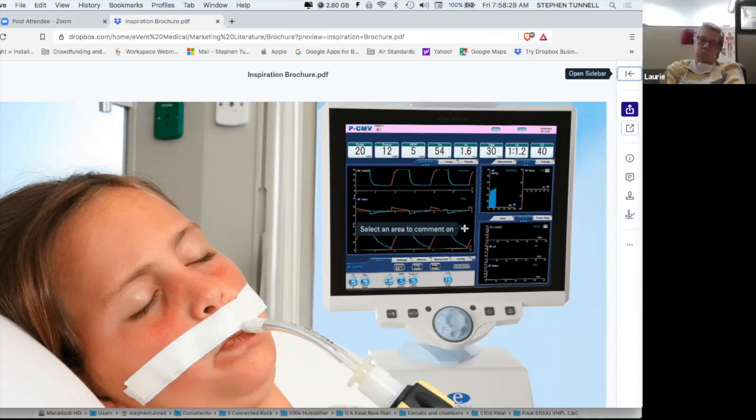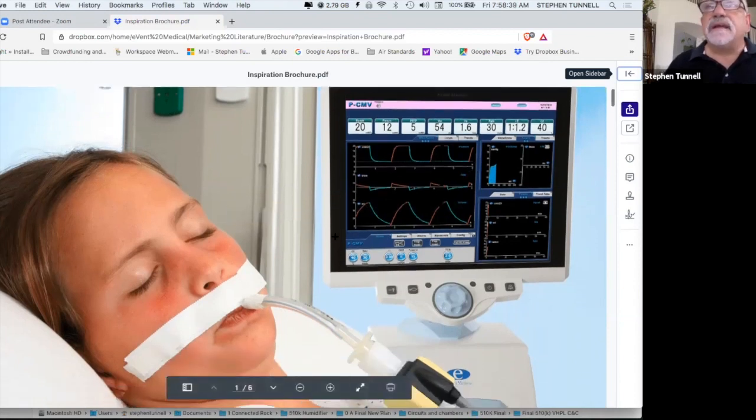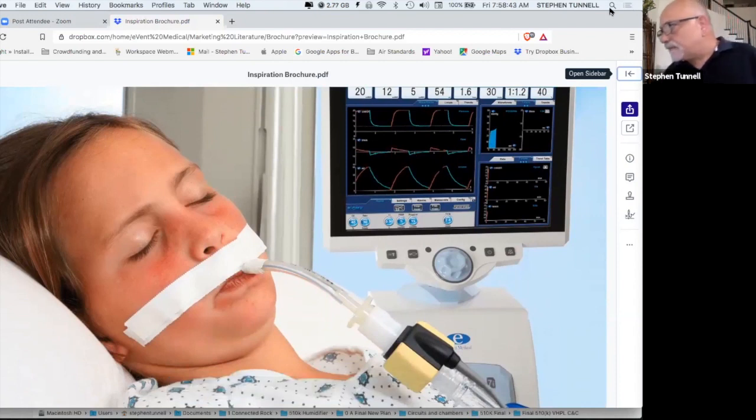And then the evolution is a blower-based ventilator. Basically, this is a young girl being ventilated. Let's see if I can move this screen out of the way a little bit.